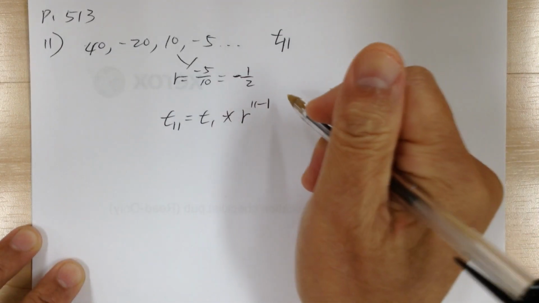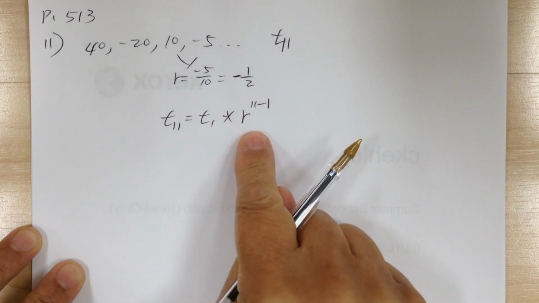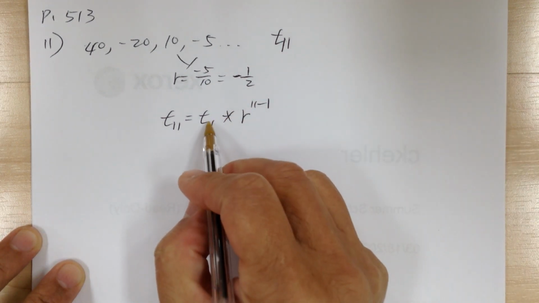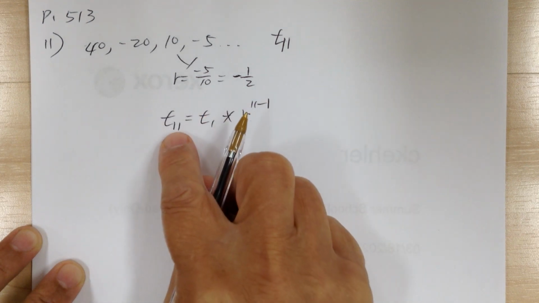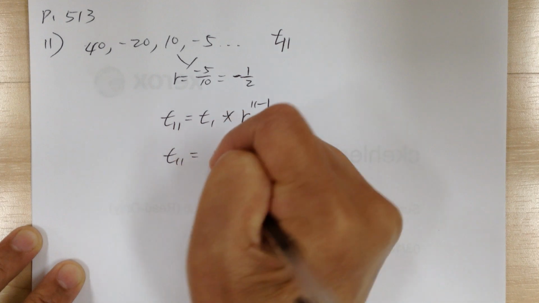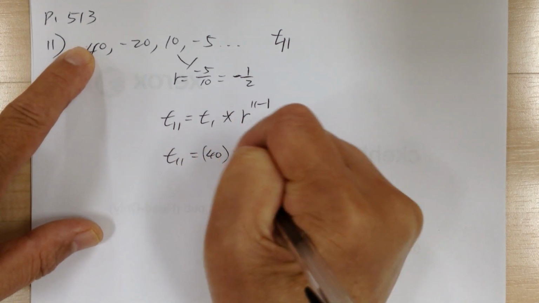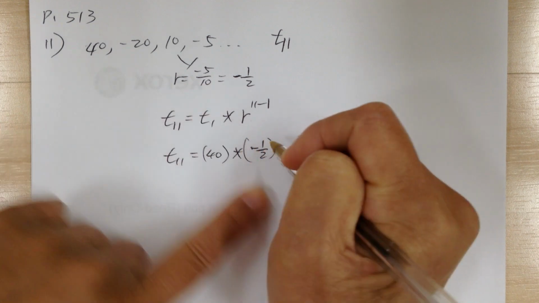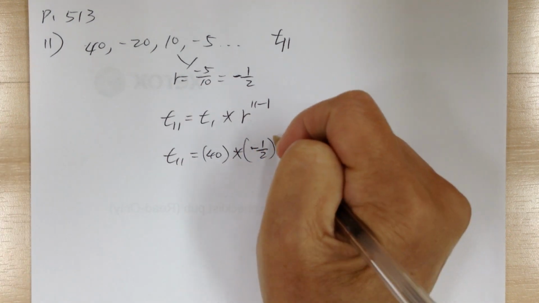After we do this a few times, we can jump right into over here already. Then let's substitute T1 and R in here. Again, you got 11 and 1, you have to have 11 and 1. So T11 equal to T1 is 40, R is negative 1 over 2. Make sure you use parentheses, you will cut down on a lot of mistakes.